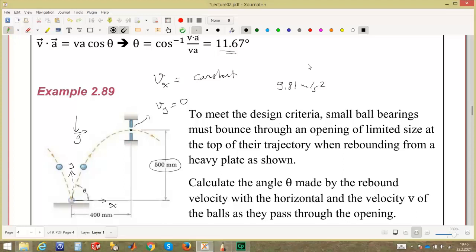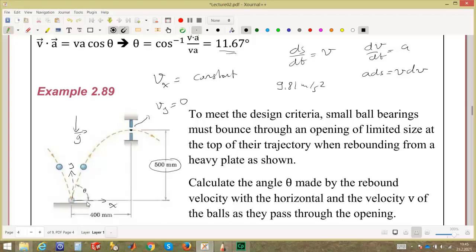So which formula should I use? The choices are ds over dt equals velocity, dv over dt equals acceleration, or a ds equals v dv. Which one should I use for this solution?